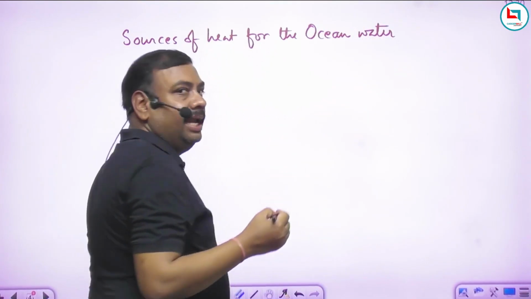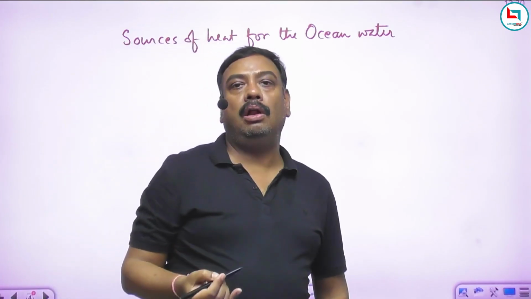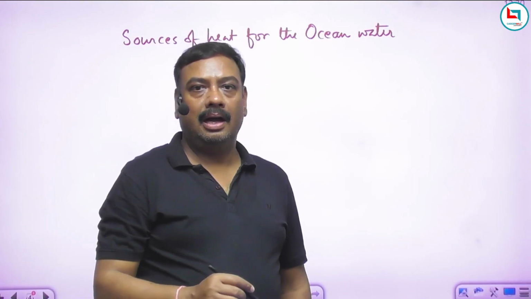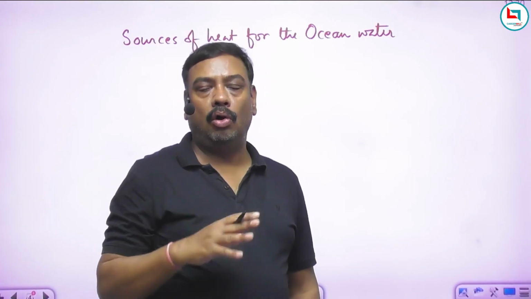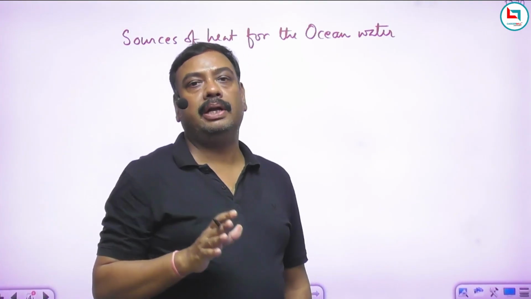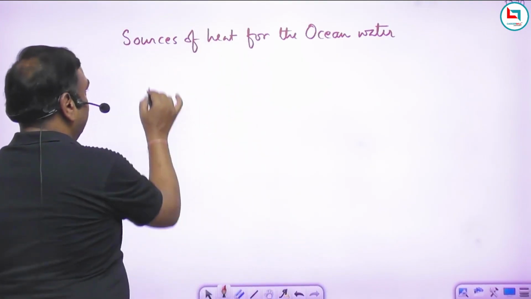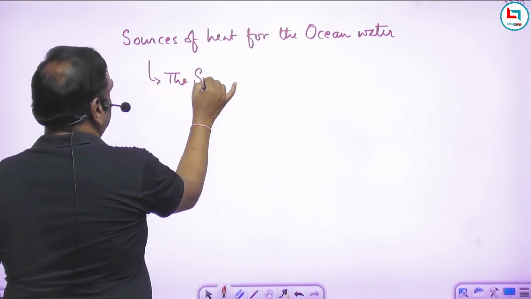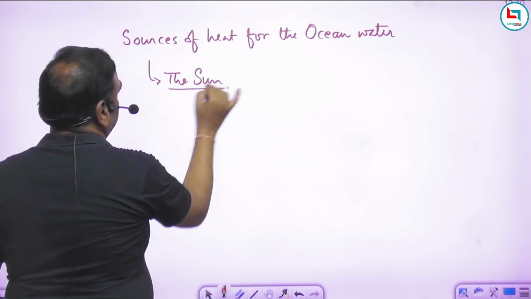So the major and the prime source, as we all know, and if I ask you, I hope that you all know that the major source for the heating of ocean water is the sun, right? The sun is the major source of heating of the ocean water.